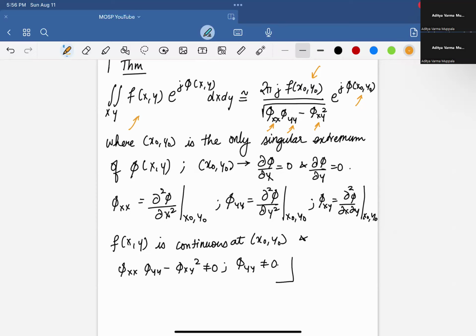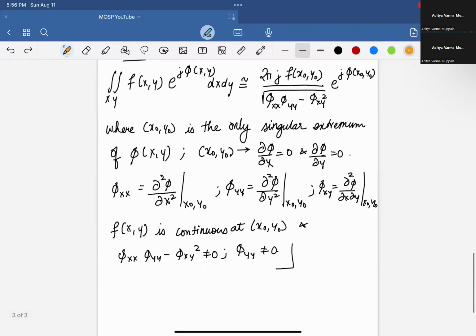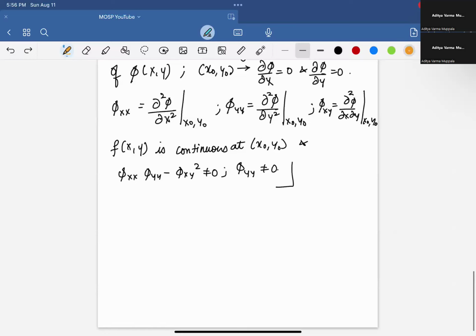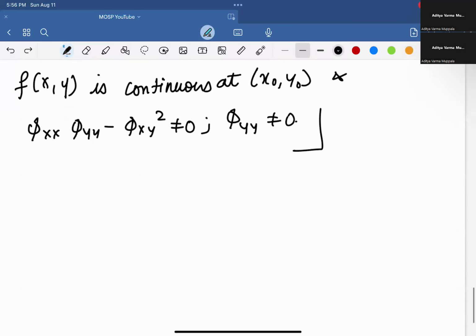Only at one point, if you know these values, you get a good approximation of the entire integral over the entire xy plane. So that's really the essence of this stationary phase approximation. So let's look at a couple of examples.